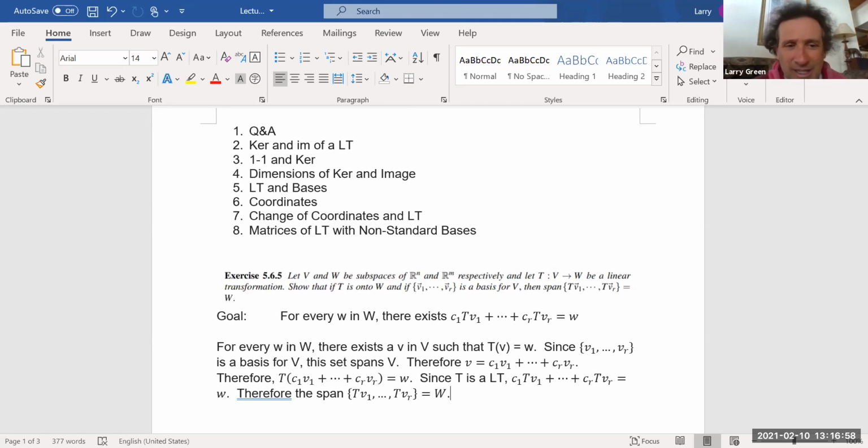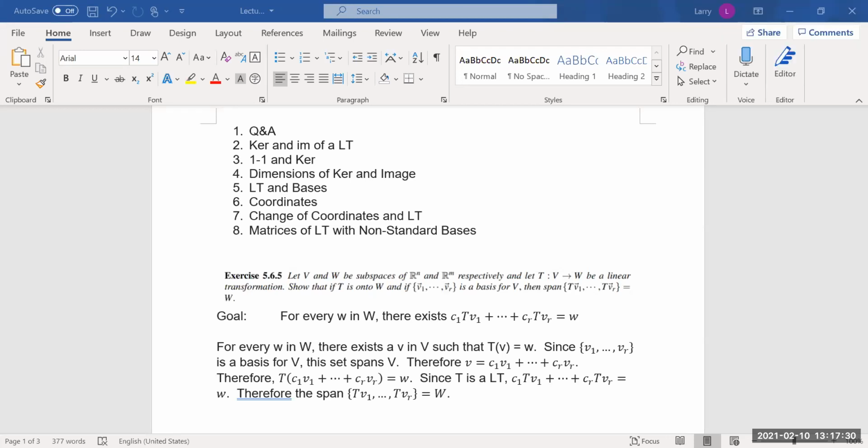Any questions at all on 5.6.5? Okay, so we do have time for another one. I think there was a request for 8. I think there was a request for 6 also, but let's see what they are. So what do you think, 6 or 8? 8.